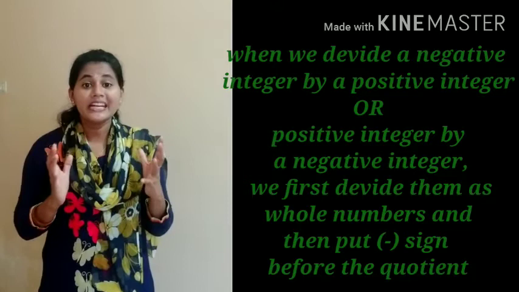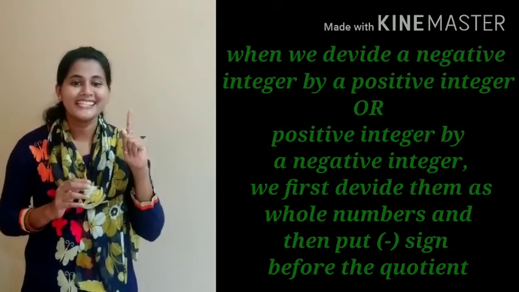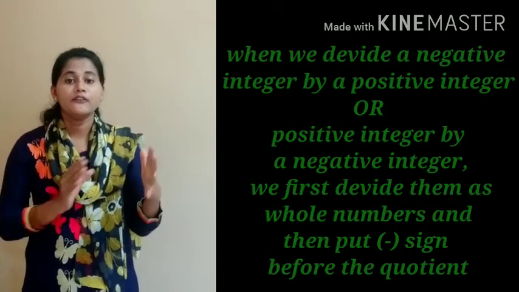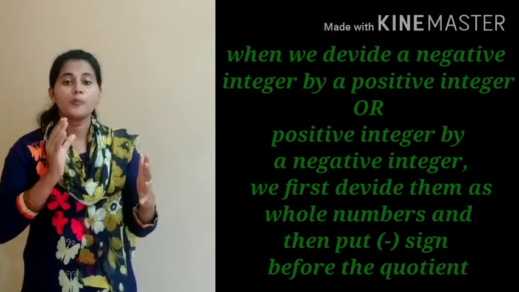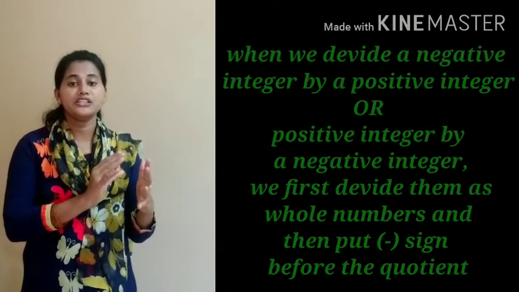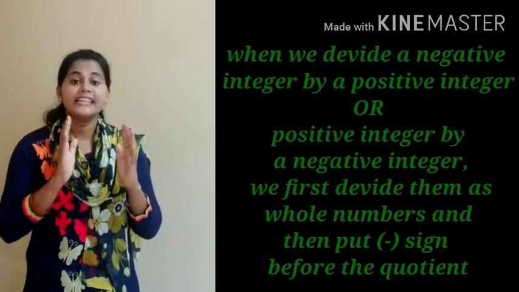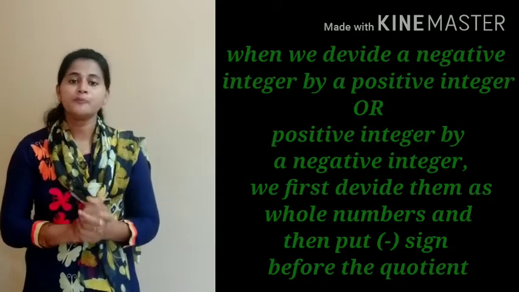Yes, we will get a negative number. So simply, when we divide a negative integer by a positive integer or a positive integer by a negative integer, we divide them as whole, then put a minus sign before the quotient.